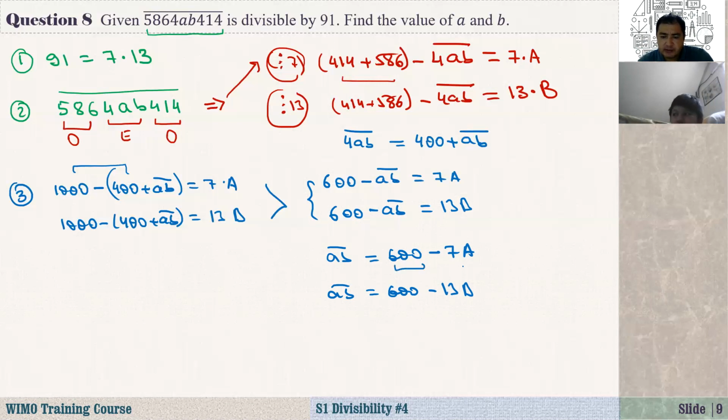Let me just write here, then we'll count it. 600 divided by 7, the remainder is 5. So that means I can write it as 7 times some number plus 5.